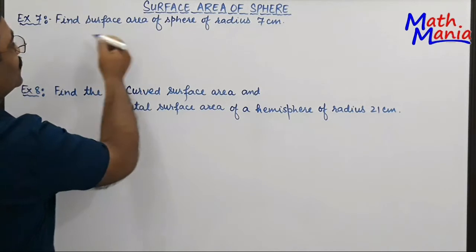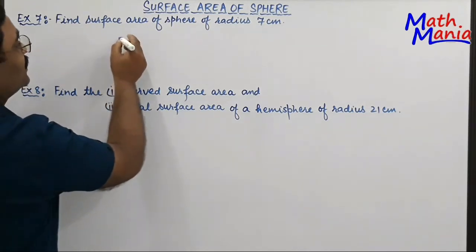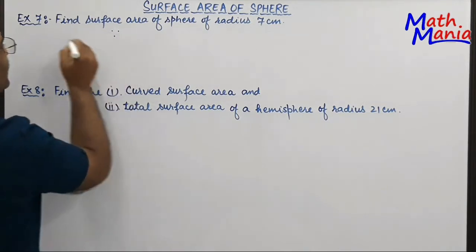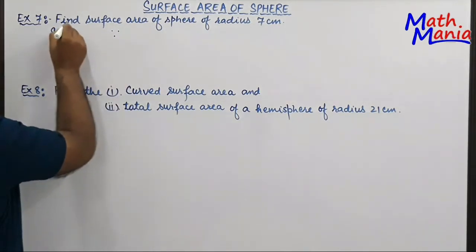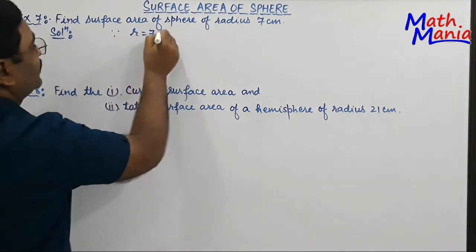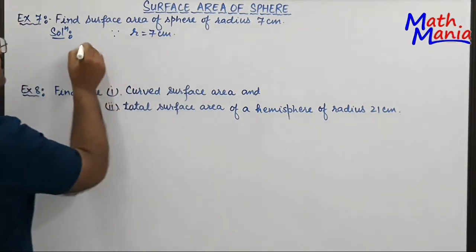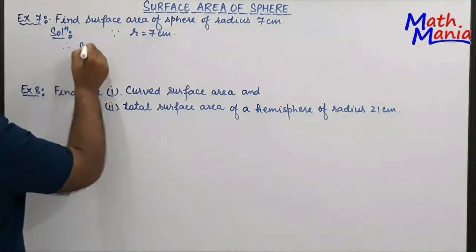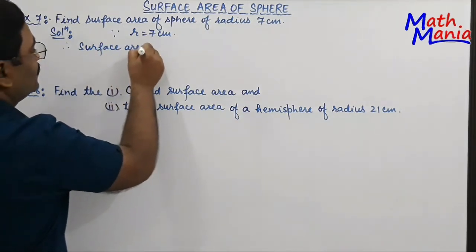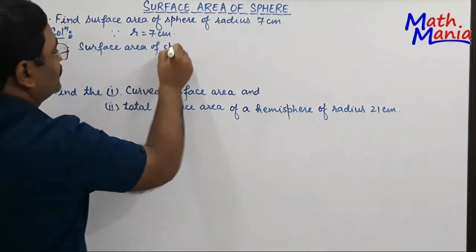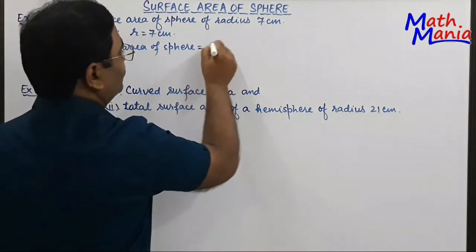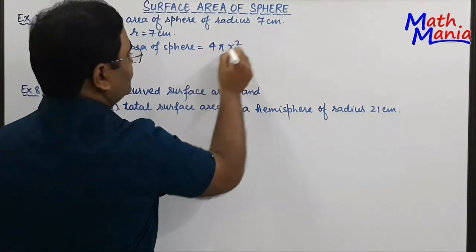So the surface area of a sphere is 4 pi r square.